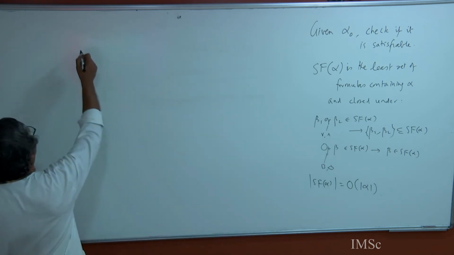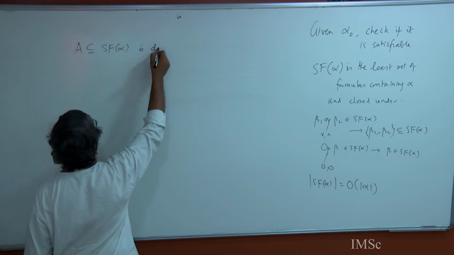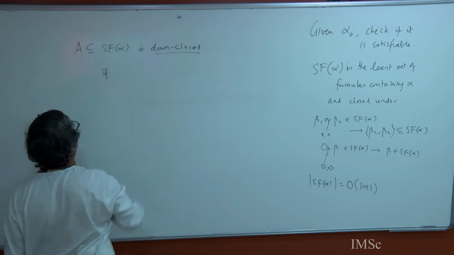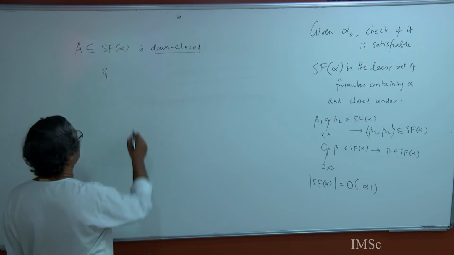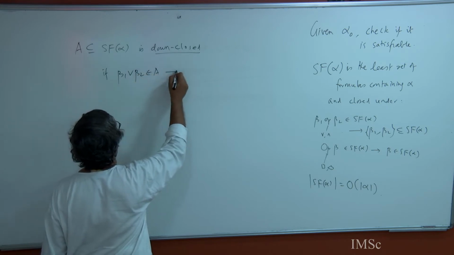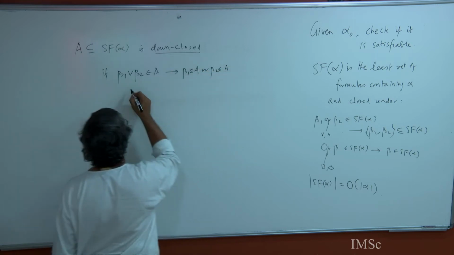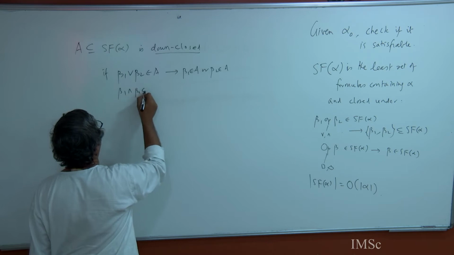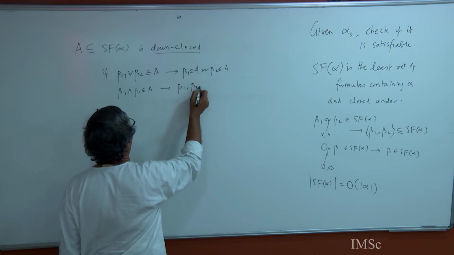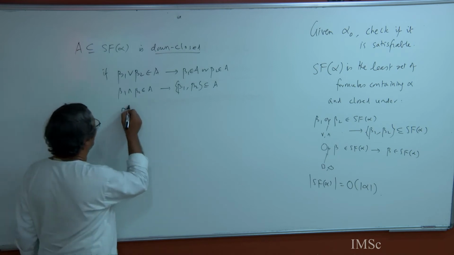A subset A of SF of alpha is downclosed if, well, if beta 1 or beta 2 belongs to A, then beta 1 belongs to A or beta 2 belongs to A; if beta 1 and beta 2 belongs to A, then beta 1 and beta 2 are both contained in A; and if not P belongs to A, then P does not.